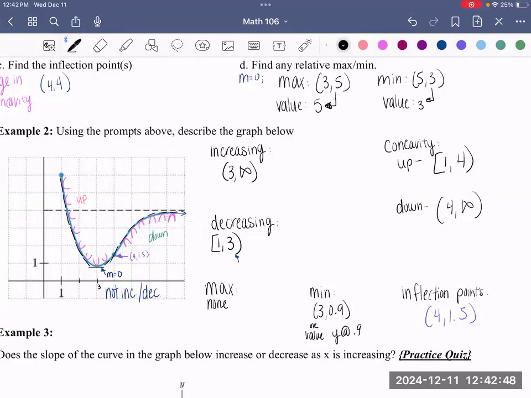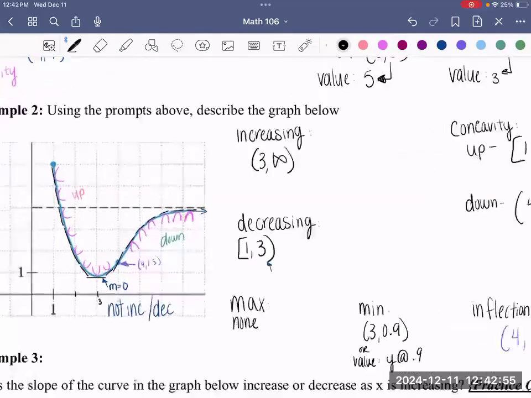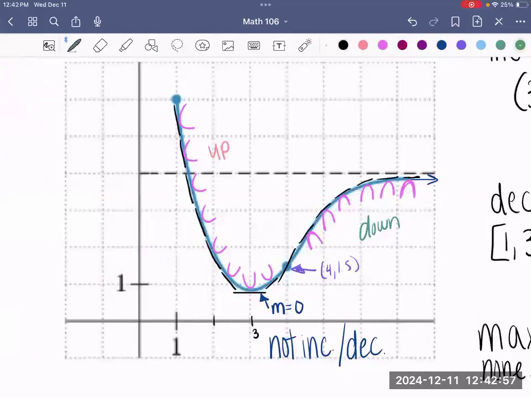Now, there is one other special feature. Well, two if we think about it, is that dotted line. It's there for a reason. When we have dotted lines, these are actually called asymptotes. This happens to be a horizontal asymptote.